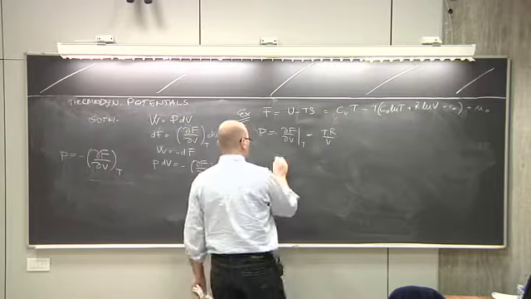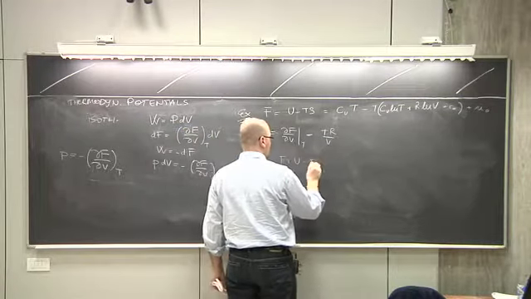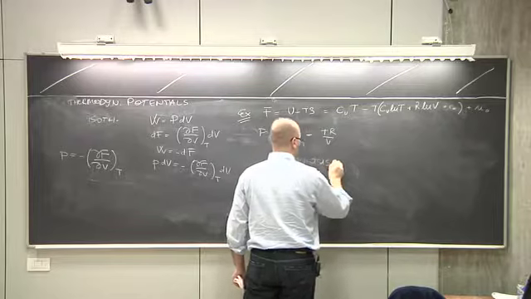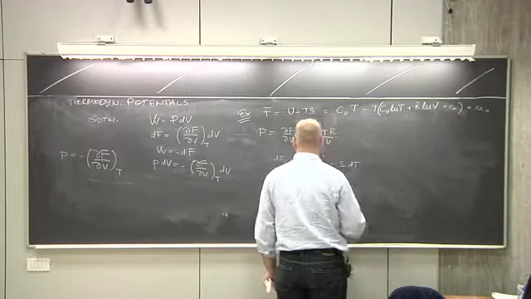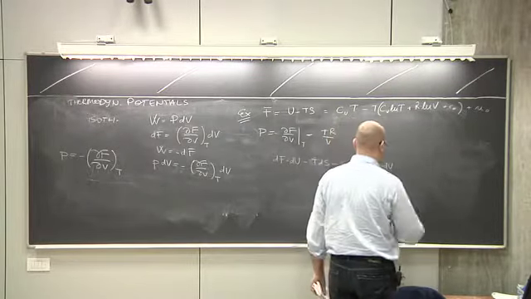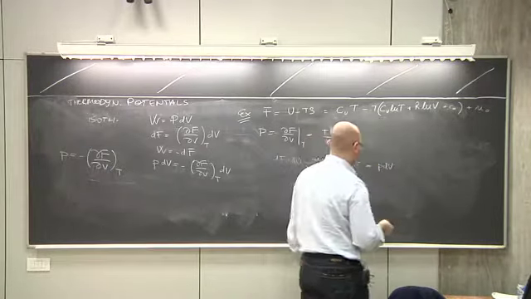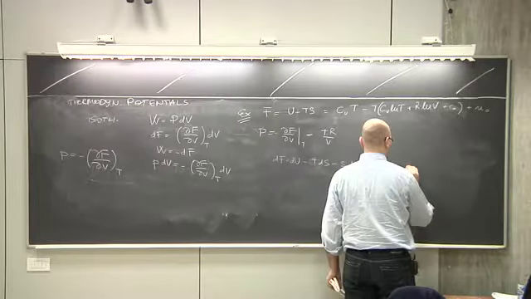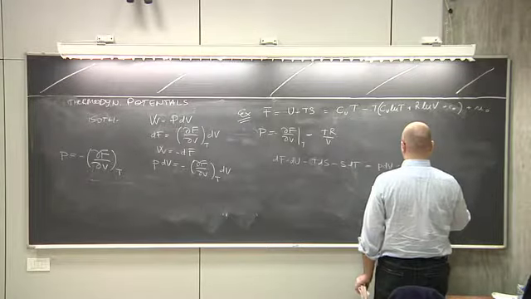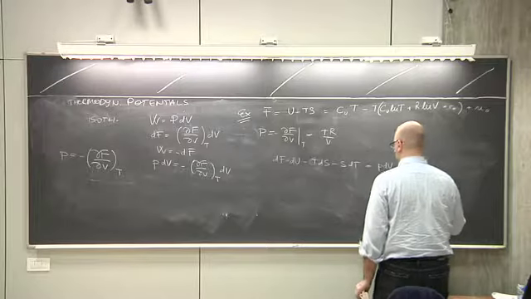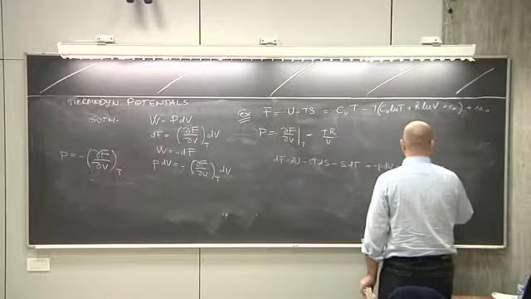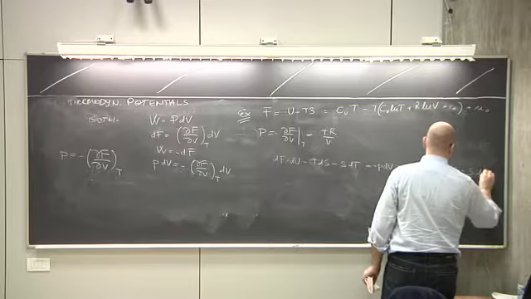So let me show you actually this. So if F is U minus TS, dF is dU minus T dS minus S dT. dU is, for a gas or for a system which has a PV phase diagram, minus P dV plus T dS. So dF is minus P dV plus T dS minus T dS minus S dT.